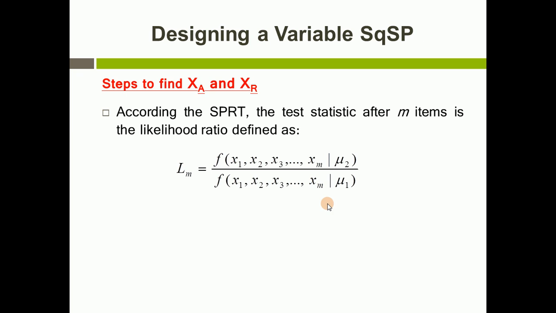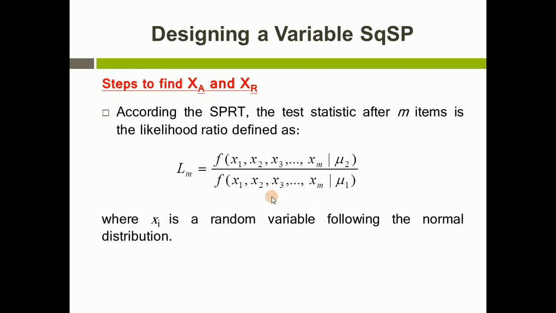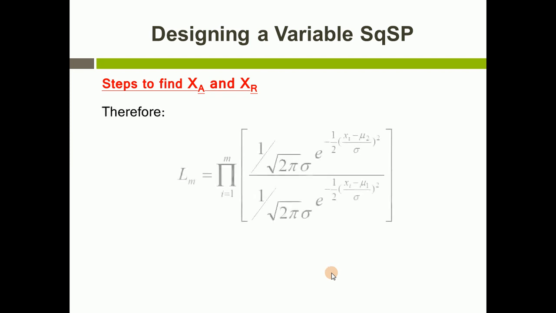This is one of the main differences between a variable sequential sampling plan and the attribute sequential sampling plan: f of x here is the PDF of the normal distribution. So we shall substitute this form of f of xi in the numerator in terms of mu2 and in the denominator in terms of mu1, and then we shall see how the likelihood will reach.